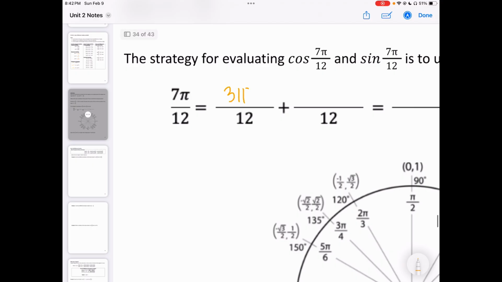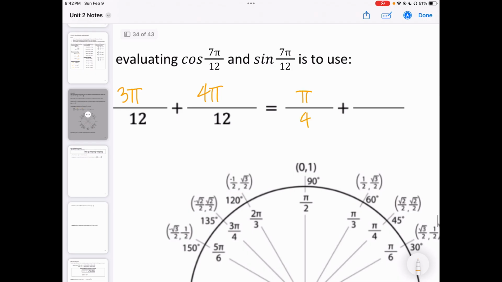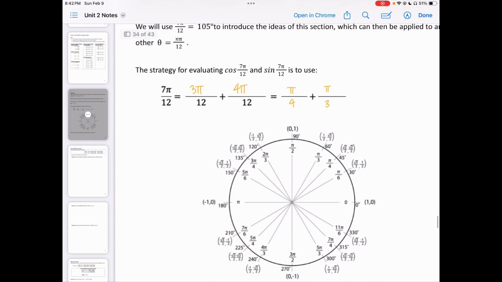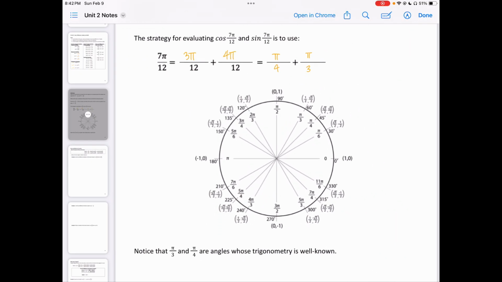I immediately think of 3 pi over 12 and 4 pi over 12, right? That's going to get us 7, but they also simplify to pi over 4 and pi over 3, which is great. At this point, we know a lot about pi over 4 and a lot about pi over 3. So we can use that information to find information for 7 pi over 12. That's really what this section is going to be about.